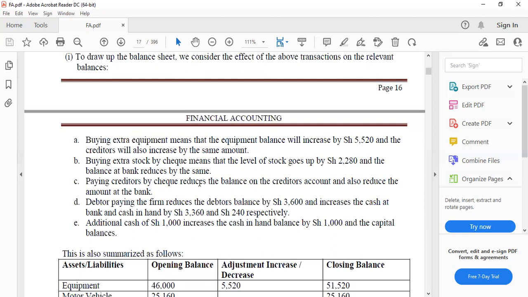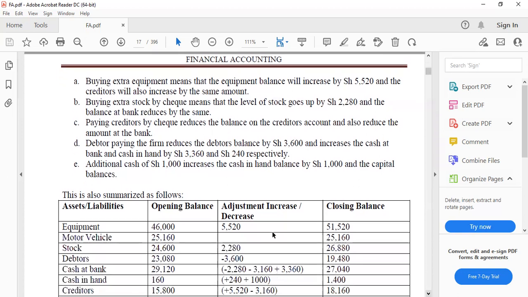Paying creditors by check reduces the balance on the creditors account and also reduces the amount in the bank. You have paid creditors, that means the amount of creditors has reduced, and you've used money in the bank, meaning that the amount of money in the bank will also reduce. And debtors paying the firm reduces the amount of debtors.